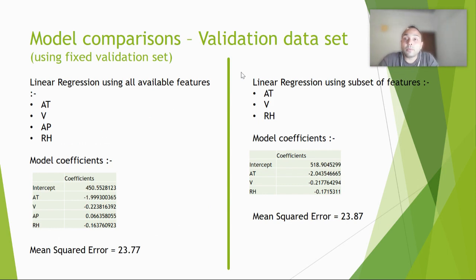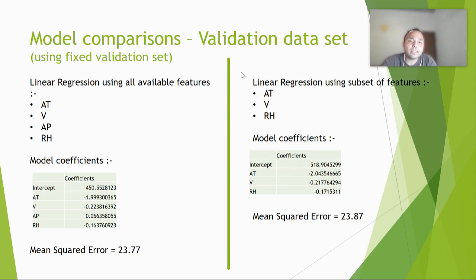Over here, I'm comparing two different models. On the left, I have a linear regression model using all the available features, all the four of them. And on the right, I have a linear regression model using 3 out of 4 features. On the left, the model shows the different coefficients, starting with the intercept or the constant value. And as you could see, the mean squared error value that I get here is 23.77.